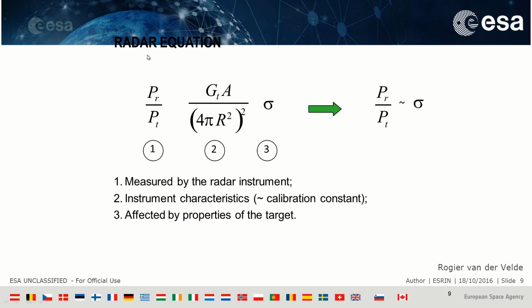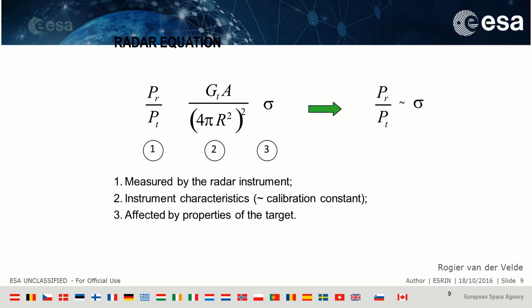And practically the ratio of what you sent out and what you received is that characteristic value expressing the interaction between the target and the electromagnetic energy. So in fact, this is the backscatter that we are dealing with.